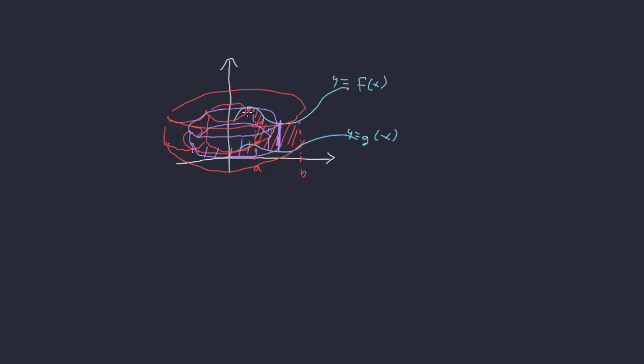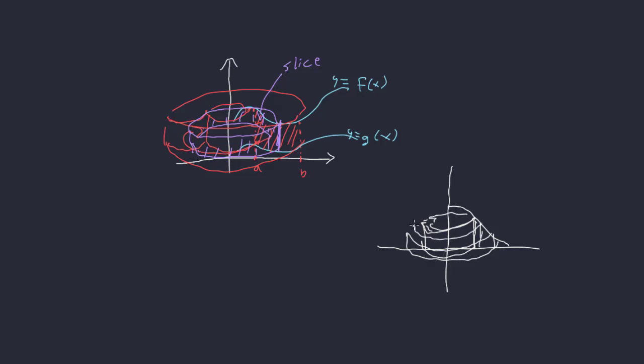If we look at a simpler one, something that looks like this, and we want to revolve it around the y-axis, you can imagine taking a bunch of sheets of paper, making cylinders out of them, and just stacking them together.